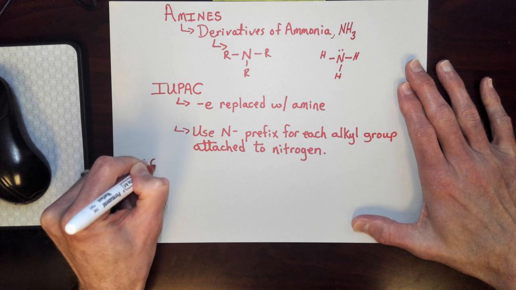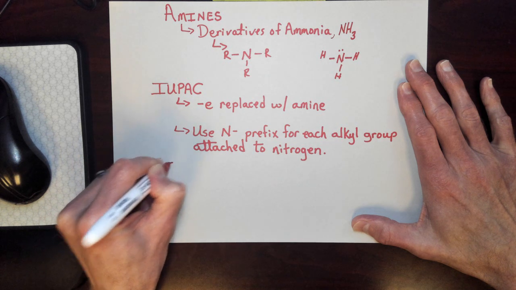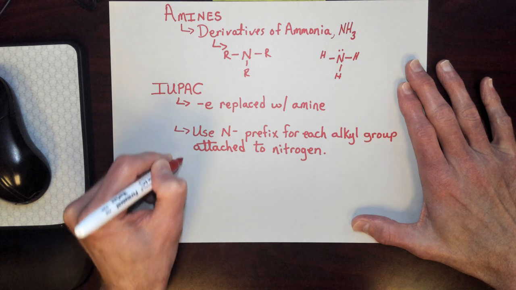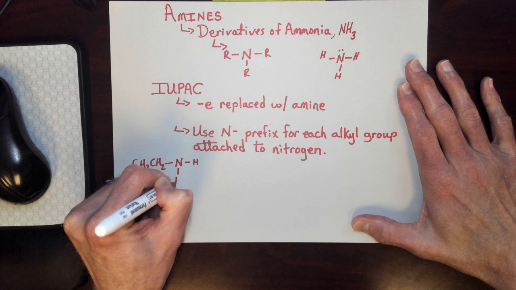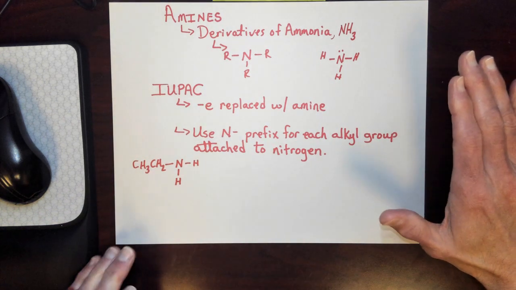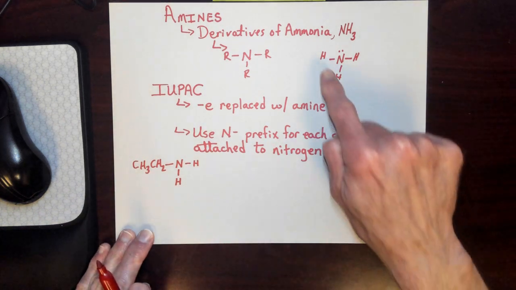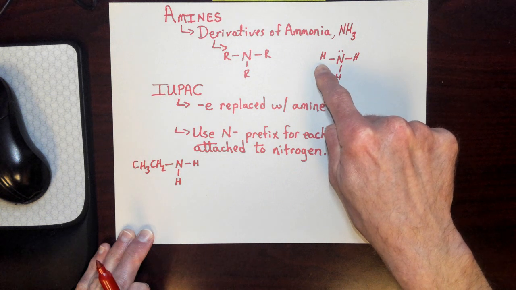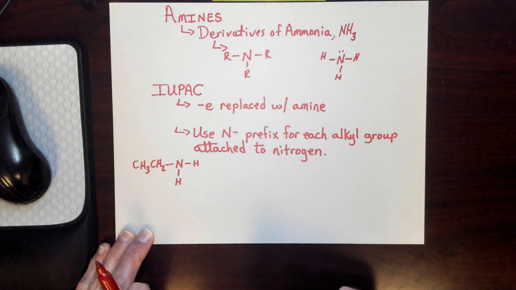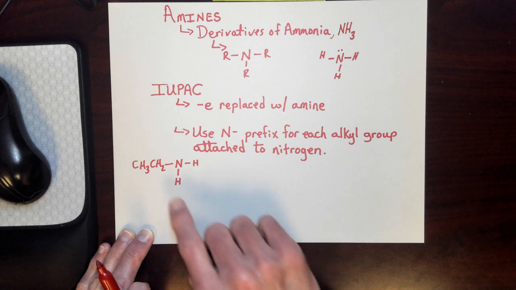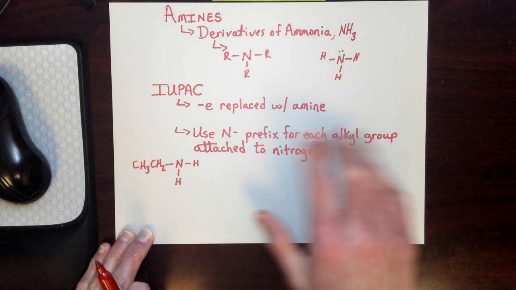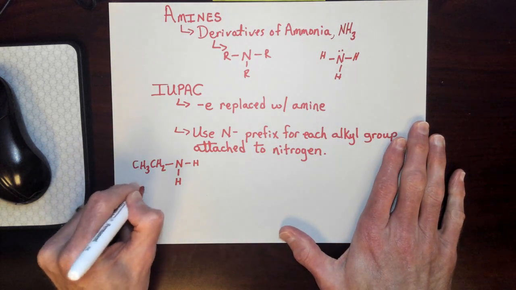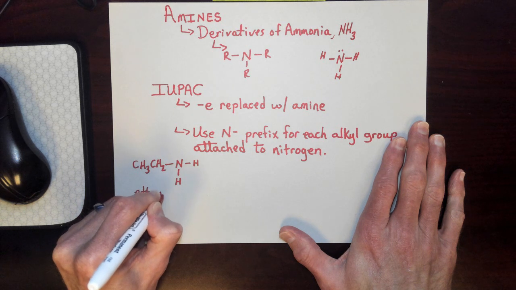So we have CH3, CH2, and then we have nitrogen. We have something like this, where one of the hydrogens has been replaced with an alkyl group. So the 2-carbon alkyl group is ethyl, from ethane.